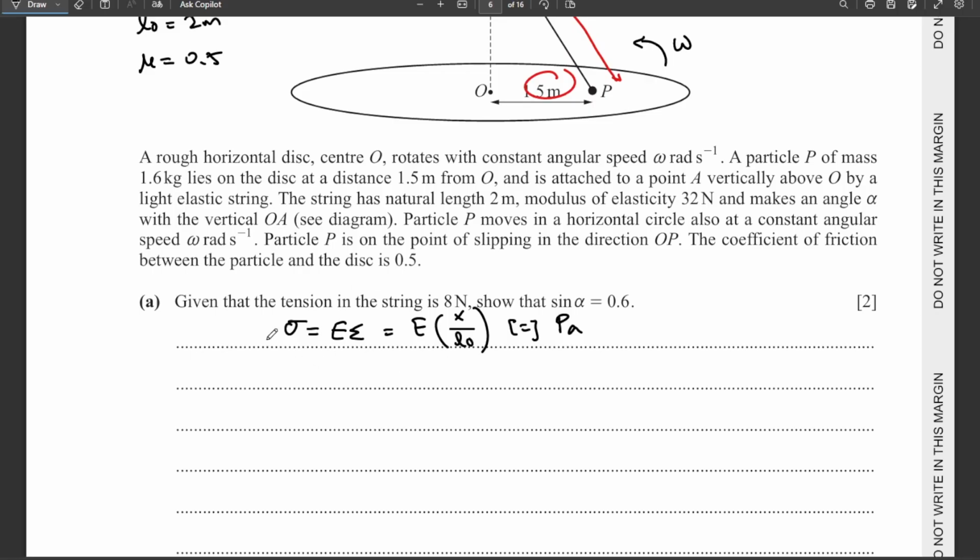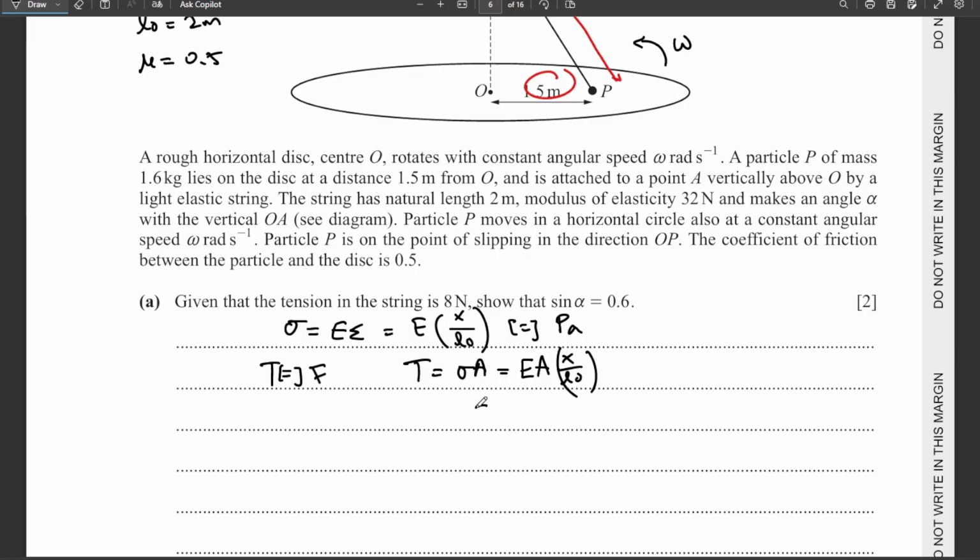And tension, the dimension is force. So to convert this into the tension, you have to multiply by the area. Tension equals sigma multiplied by the area. So you have EAX over L0.